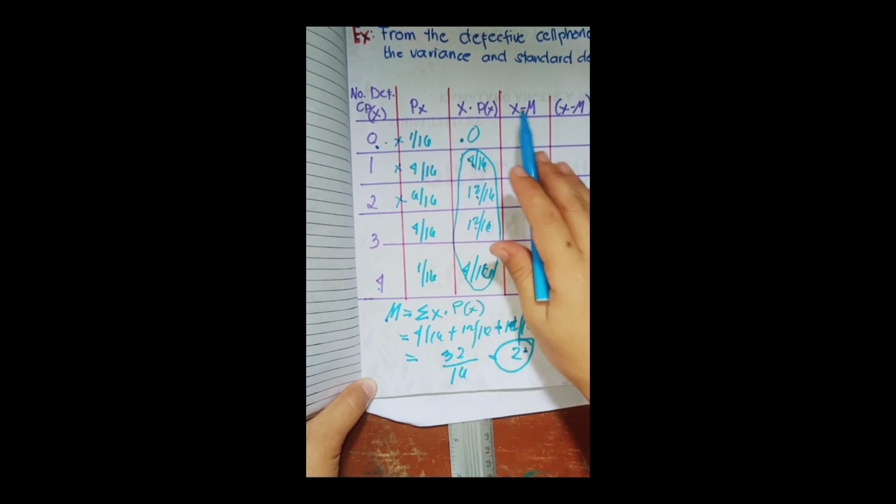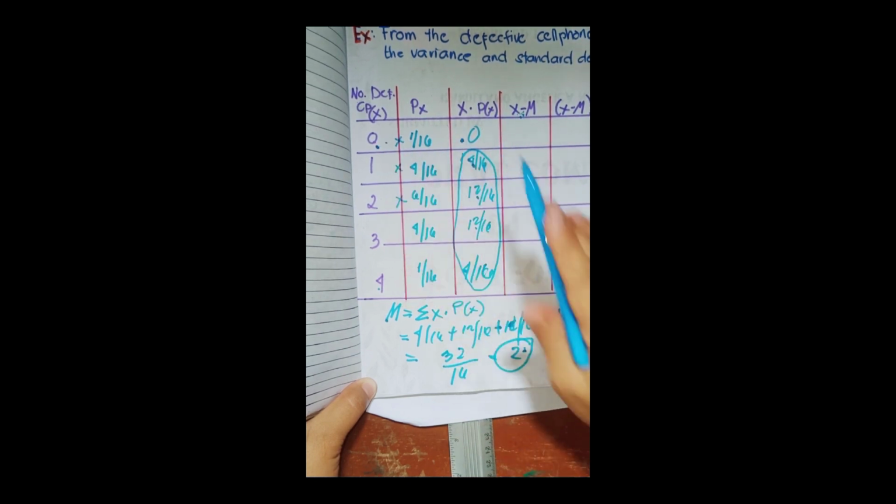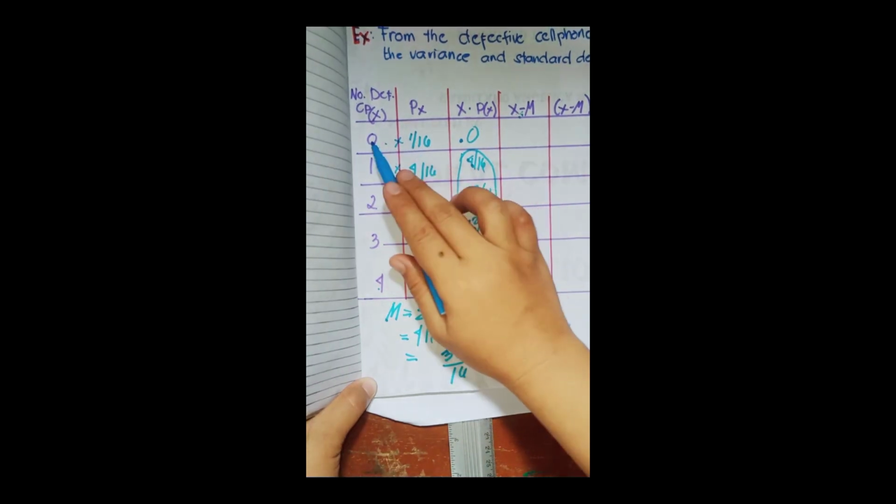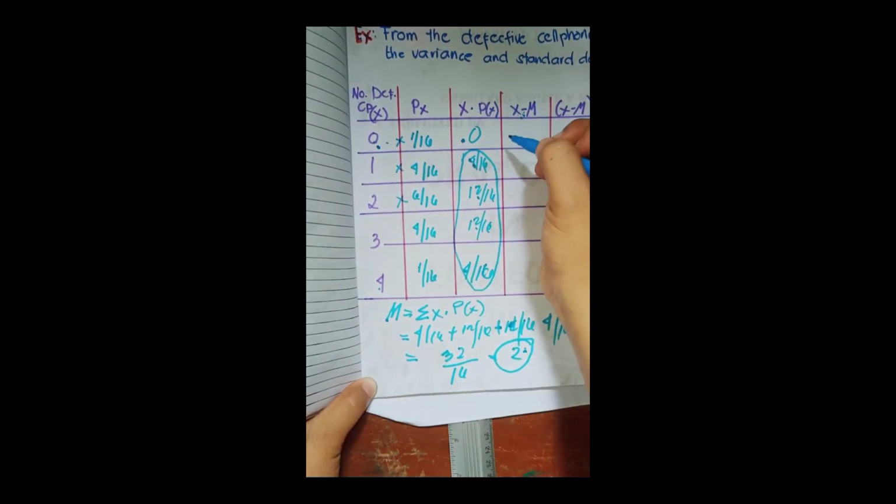Now we have the mean already, so we can solve the other column. X minus mean.